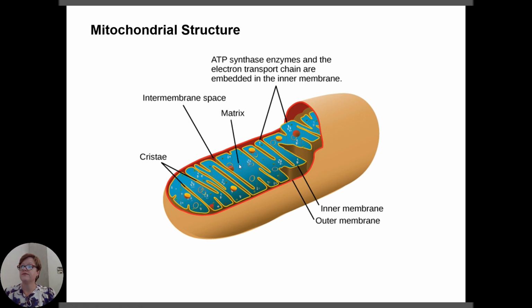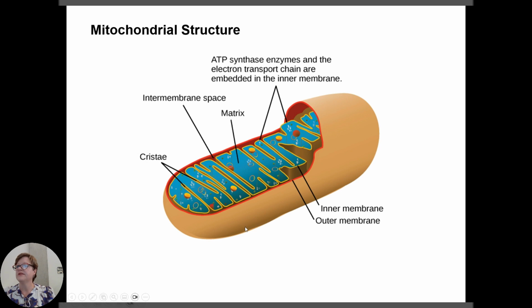You may recall from endosymbiont theory, or endosymbiosis, that within the matrix, within the mitochondrion, there will be DNA molecules and ribosomes, and you can see those. The artist is trying to show that, not that well. Mitochondria have chromosomes and ribosomes.